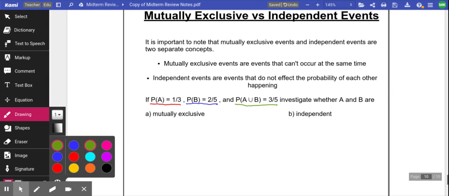Now, typically when I'm asked, is something mutually exclusive, is something independent, then I just use context and I think about it. I'm like, oh yeah, okay, the probability of passing math and winning my soccer game, those are non-mutually exclusive. Both those things can happen at the same time. But in this case, there's no context.